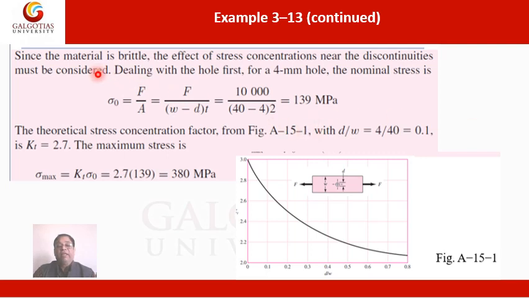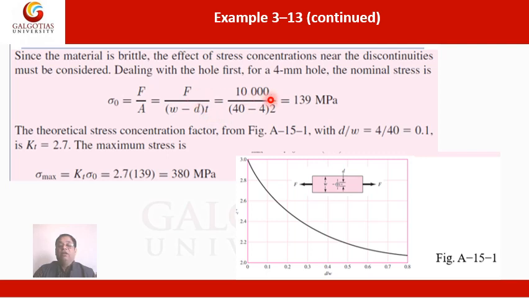Since the material is brittle, as we already discussed, in brittle material we definitely have to consider the stress concentration near the discontinuity. This is the formula to find the average stress: load upon area. The effective area in the plate is the width of the plate minus the diameter of the hole, multiplied by the thickness of the plate.